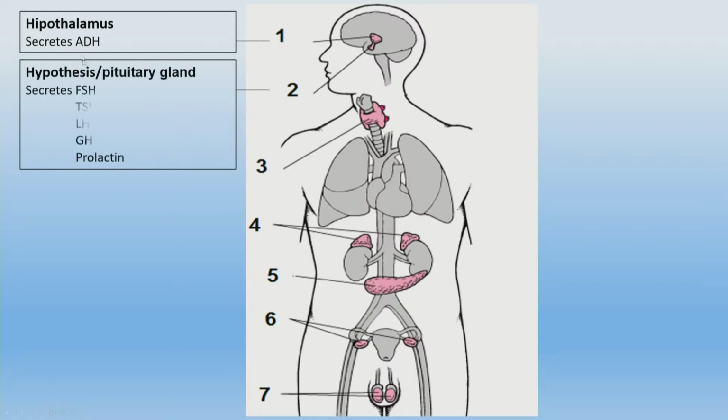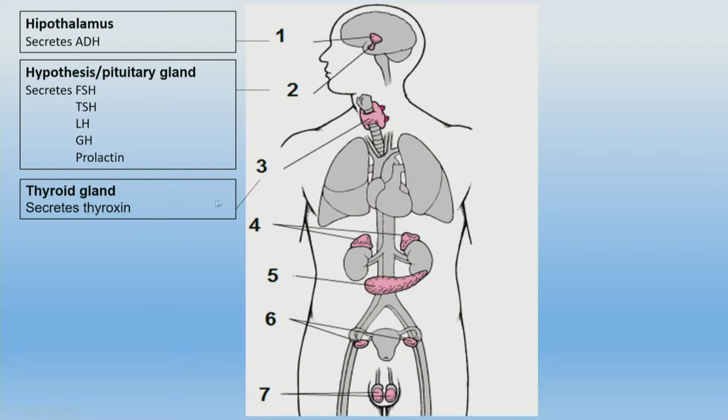So we have the ADH here, which is secreted by the hypothalamus, and then under the hypothalamus we have the pituitary gland. We know that the pituitary secretes FSH, follicle stimulating hormone, TSH, thyroid stimulating hormone, LH, luteinizing hormone, and then the growth hormone, which is called GH, and prolactin.